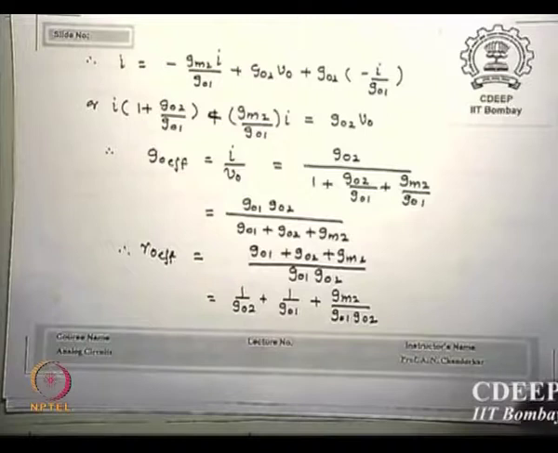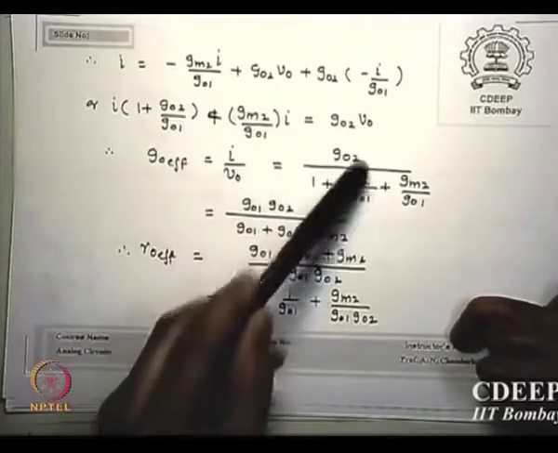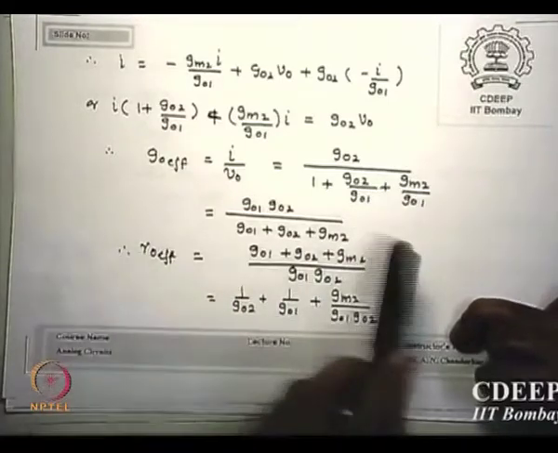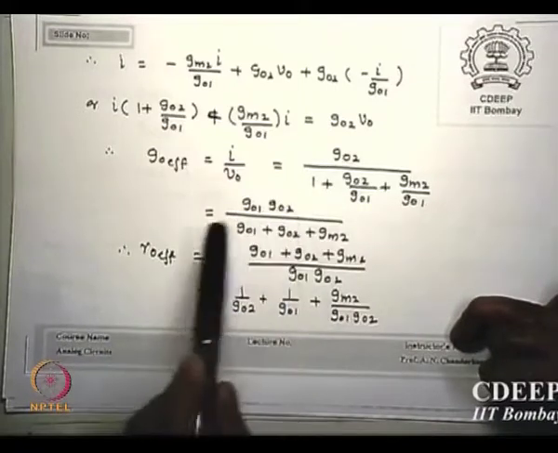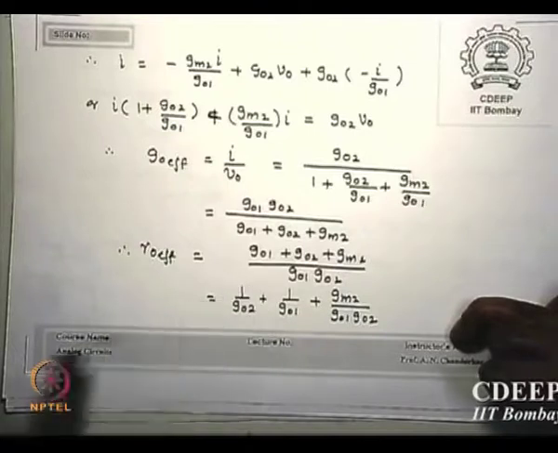And then what is the definition of GO effective? I said I by V0 when Vin is 0. These equations were derived based on Vin being 0. So GO effective is I by V0, which is GO2 upon 1 upon GO2 by GO1 plus GM2 by GO1. Again if I linearize it, I get GO1 GO2 upon GO1 plus GO2 plus GM2, okay.